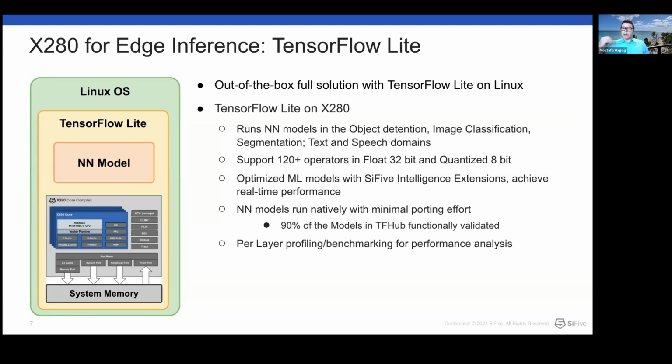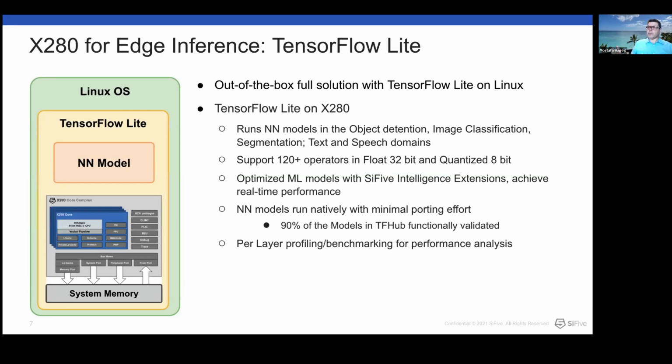Our support here comes with floating point and quantized 8 bits in TensorFlow Lite, which are the two major data types supported across the board. Many of these library operations are implemented and optimized for RISC-V and for the X280 extensions. We really have hundreds, 300 plus, maybe 320 and even more, neural networks in the TensorFlow Hub that we run.